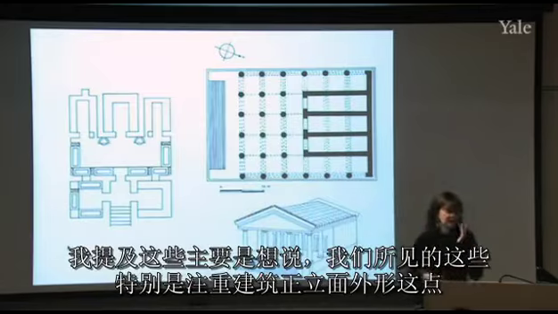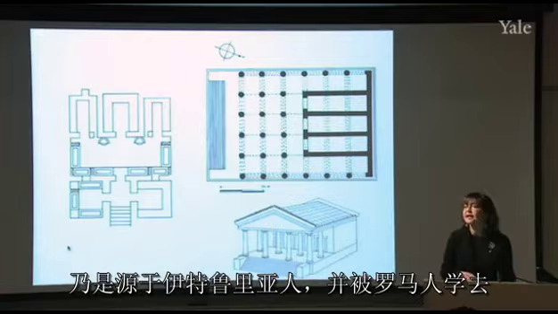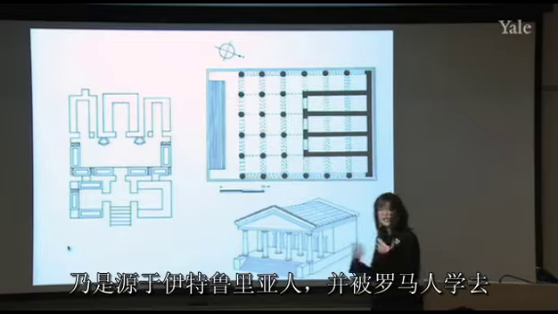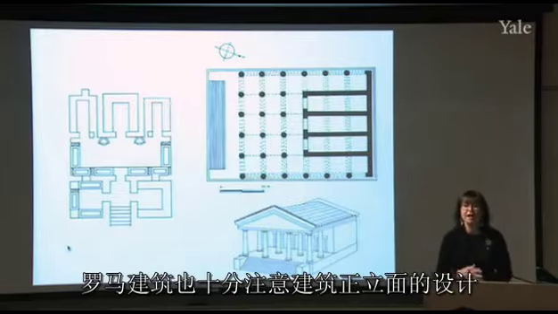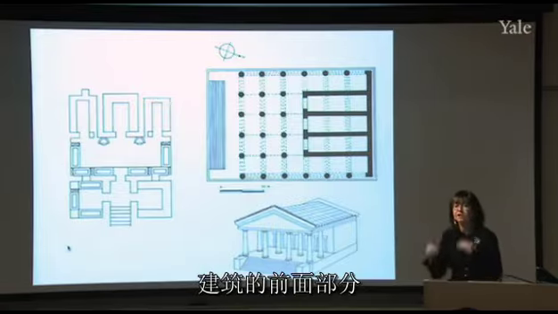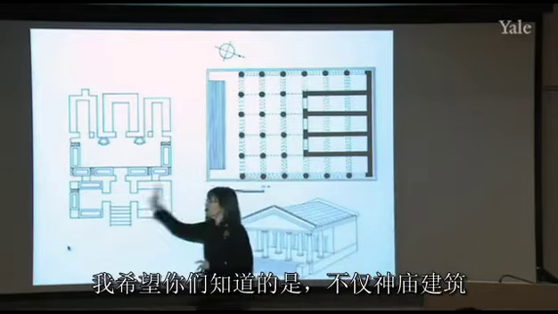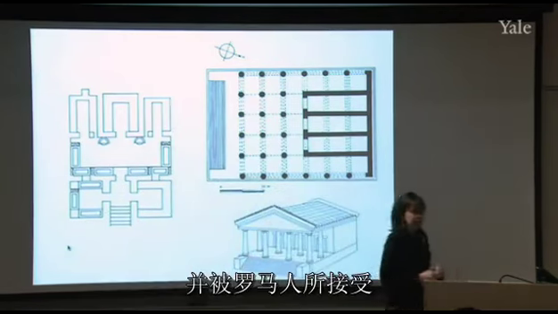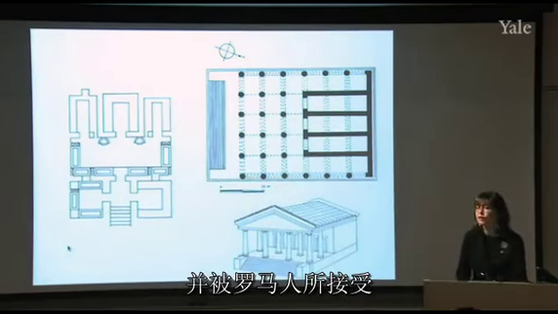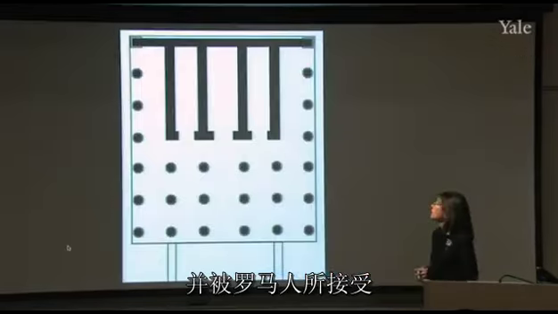I just mention that because we'll see that especially that focus on the facade is an Etruscan element that is picked up by the Romans. Roman architecture is very much an architecture of facades, of the front of buildings. And I wanted to make sure that you knew that not only in temple architecture but also in tomb architecture under the Etruscans, that was an approach that they already took and that was adopted from them by the Romans.